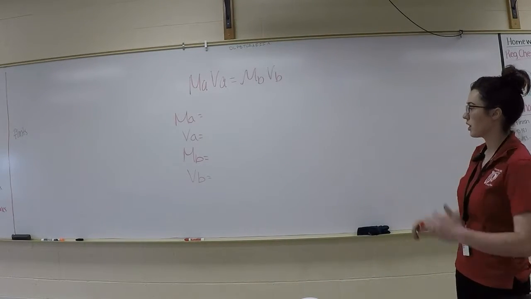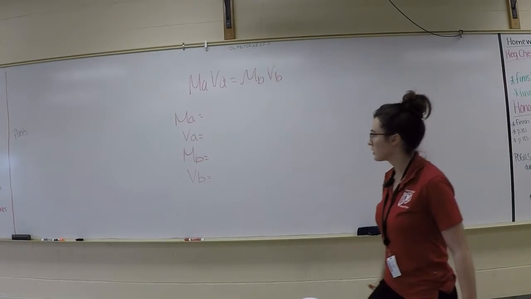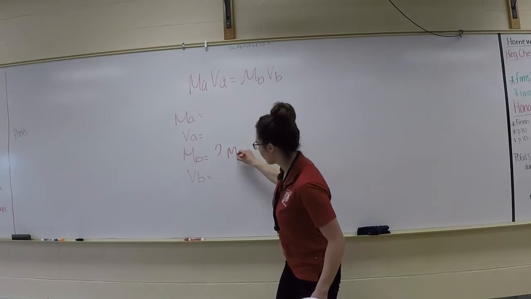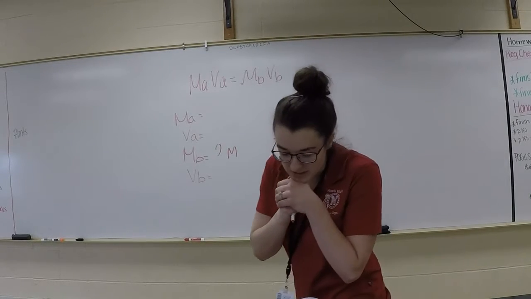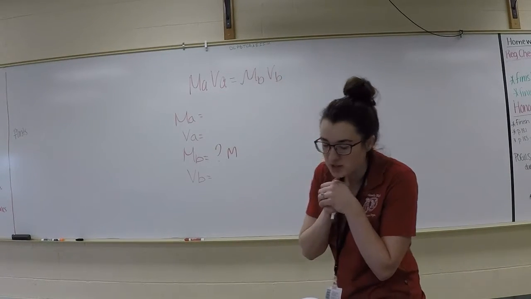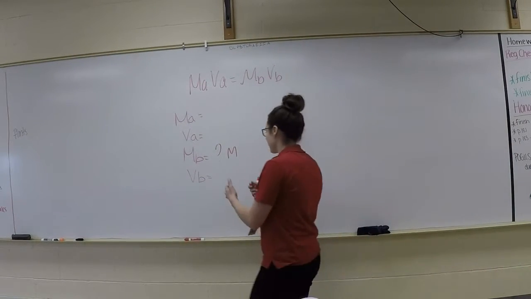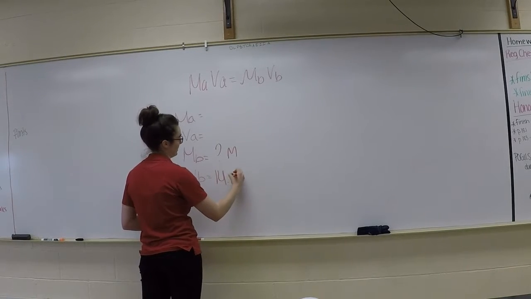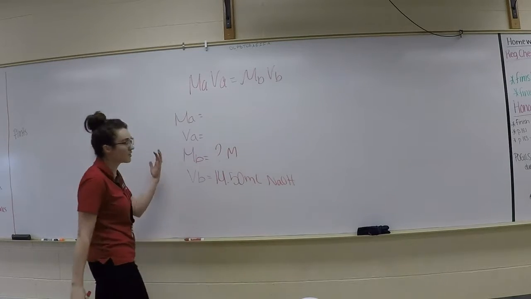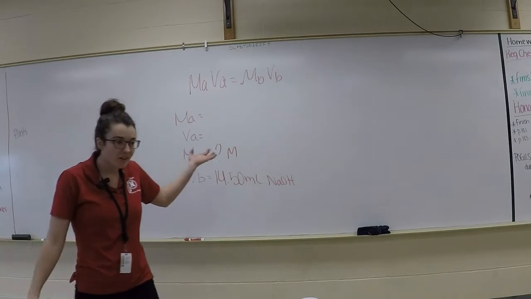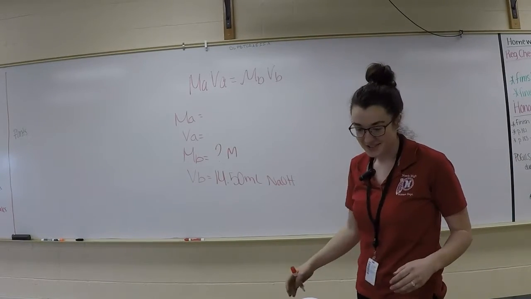So which of these 4 are we trying to solve for? Molarity of base, Mb. It'll have molarity as a label. And then it says 14.50 milliliters of NaOH. Is that base or acid? Base, NaOH, it ends in OH, it's the base. So then the other 2 values must be acid, because HCl is an acid.